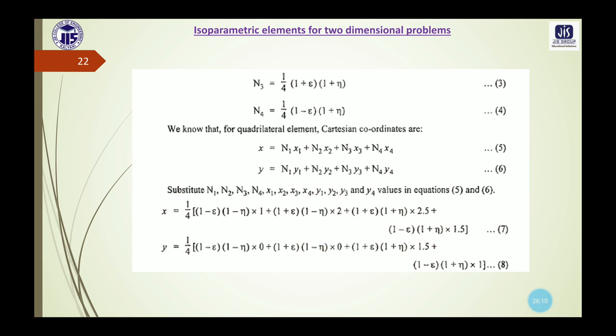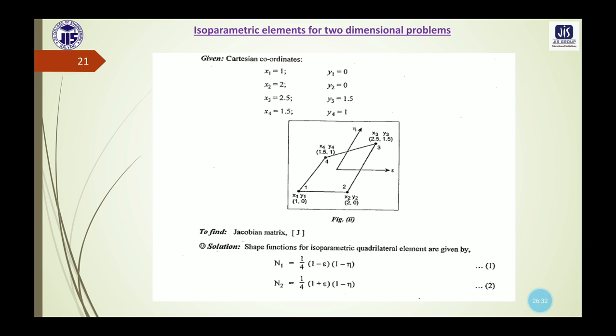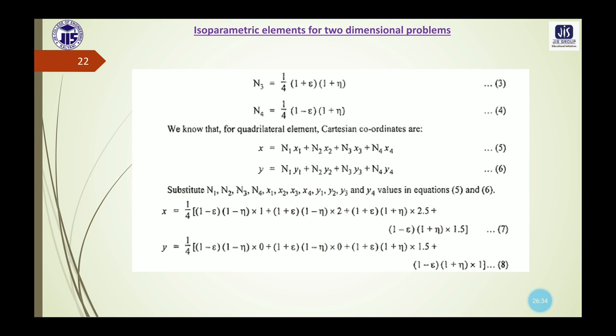Now we substitute N1, N2, N3, N4, then x1, x2, x3, x4 and y1, y2, y3, y4 values in equations number 5 and 6. That means in case of equation number 5, x equals N1 x1. Now the formula of N1 is given in equation number 1, so we first put that formula here.